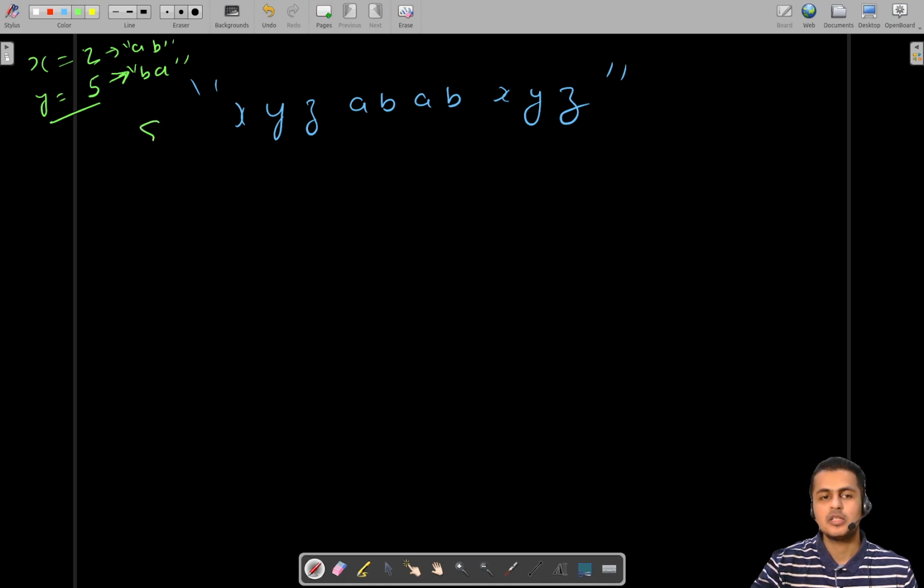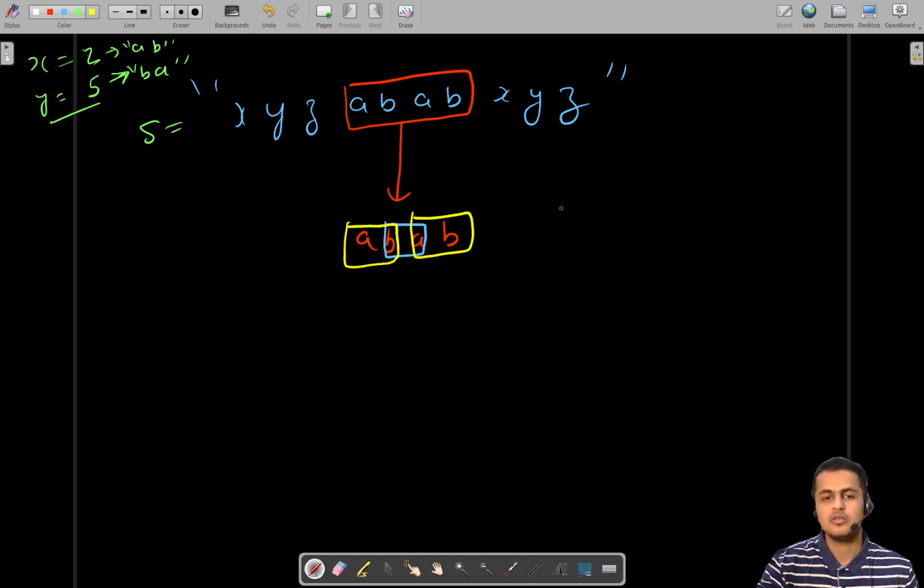So let's say this is the string given to you. There is a situation here that you might want to consider when maximizing. For this particular string, let's write it separately: abab. You can see that two "ab"s are sharing one "ba". These were two "ab"s separately, but they were sharing one "ba". So you are in a dilemma.